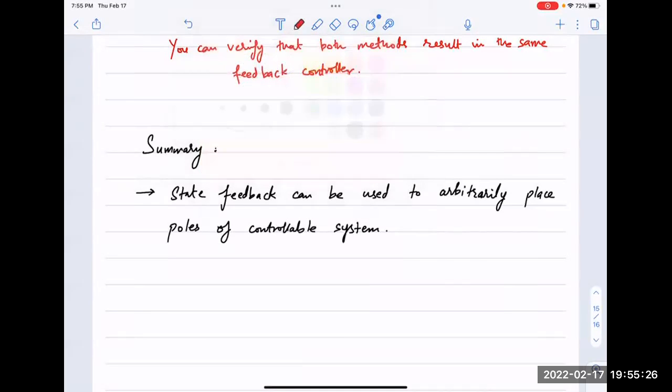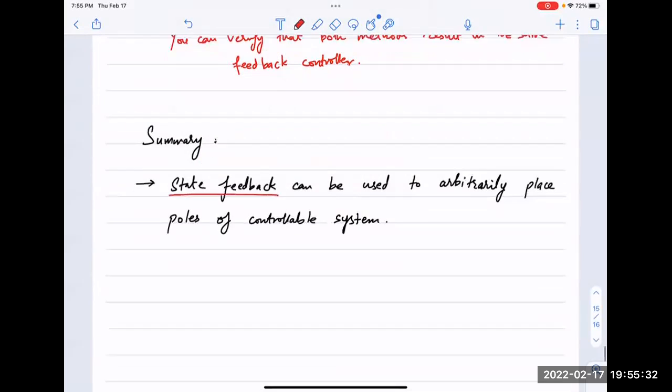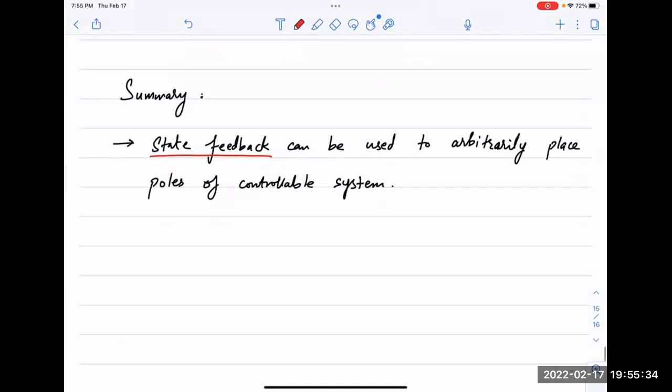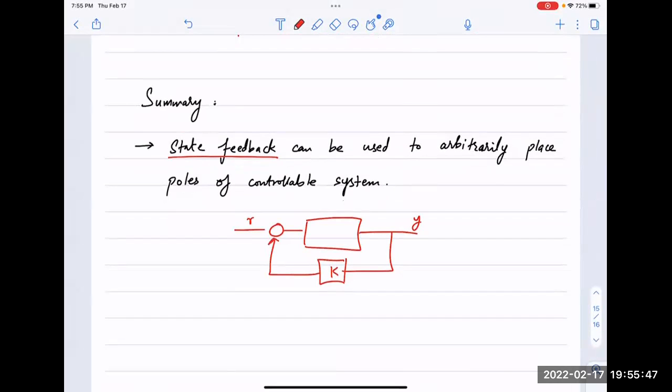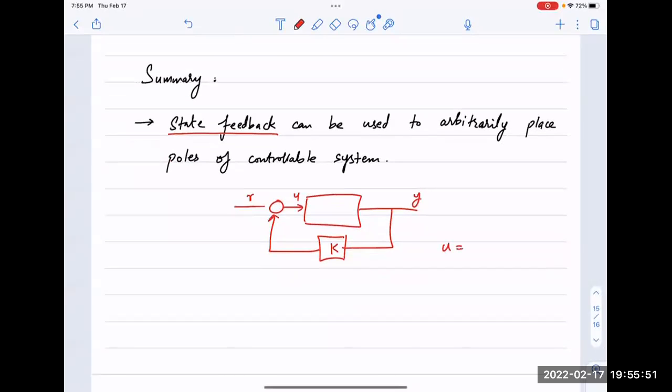Remember that the idea is state feedback, it's not output feedback. In simplified diagrams, people think if this is the system, this is Y, this is the reference, and this is the K, then U is R minus KY, right?